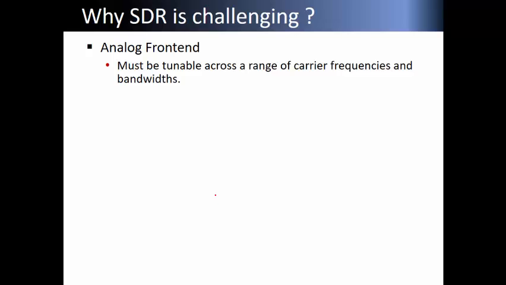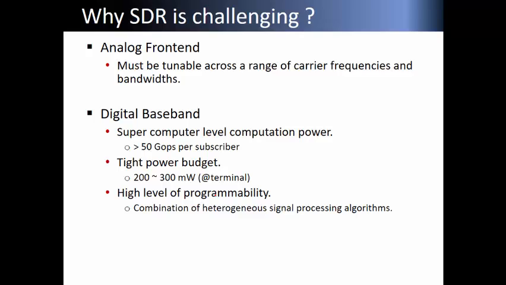Must be tunable across a range of various frequencies and bandwidths. Remember that through the antenna, if we have multiple access so that we modulate it, then we have different voltages. It could be analog signals, right?